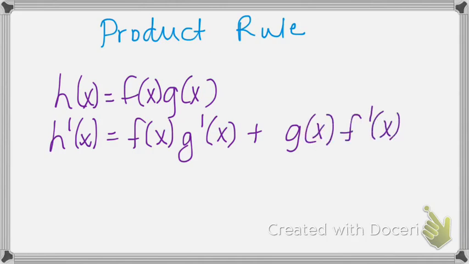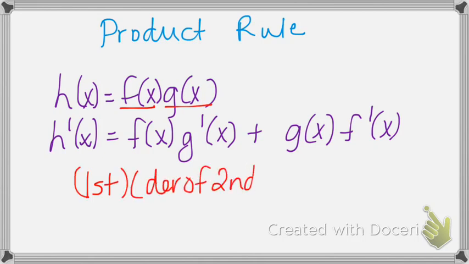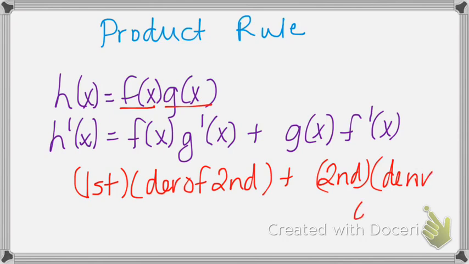Usually I say it in words, and I call this the first function and this the second function, and I say first times the derivative of the second plus the second times the derivative of the first. That's just the process I use, and I think it's easier to memorize the process when you say it in words.